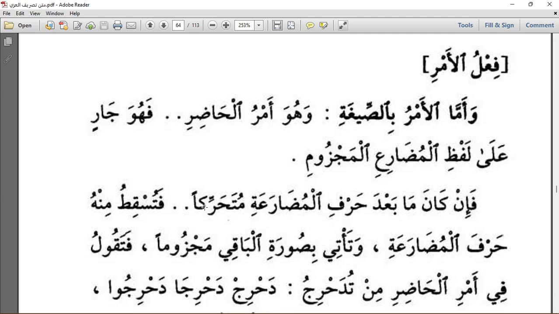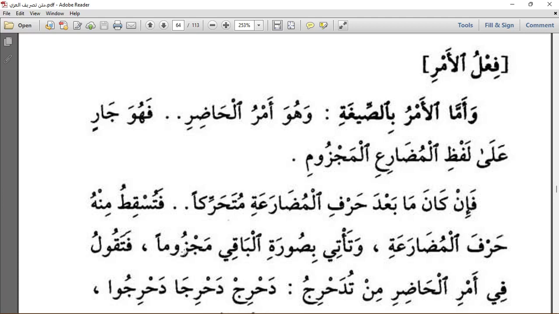It says fatusqitu minhu harf al mudara. We remove the harf al mudara, the ya there, we have qatilu left. From yuqatilu, remove the ya, we have qatilu left. Wa ta'ti bi suratil baqi majzuman. Then what you have left from that shape, you now make it majzum, that is you give it jazm.